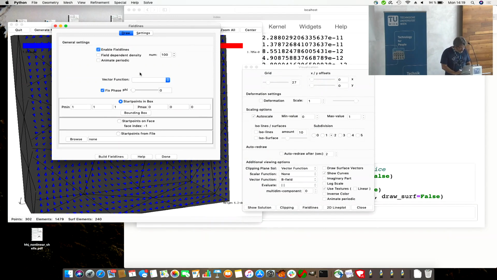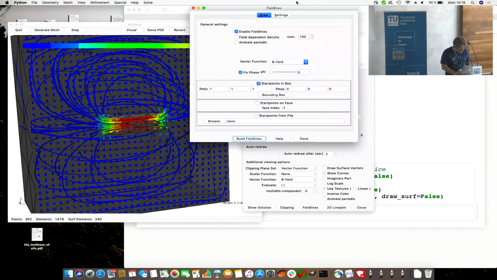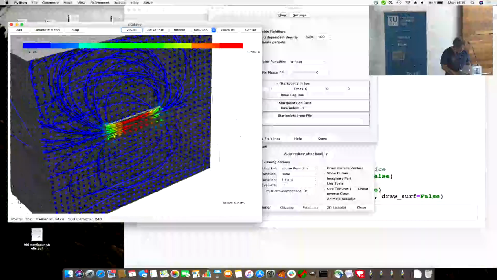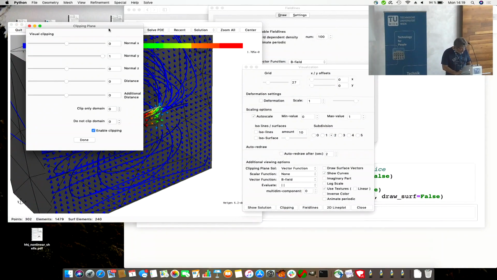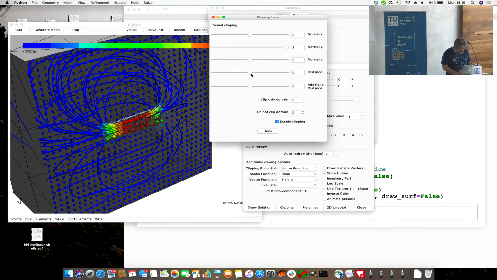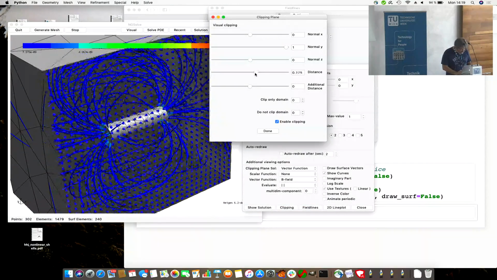We have to enable field lines and select the vector field here, the B field. Build field lines. Clip away a bit. Now we see these typical field lines from electromagnetic simulation.